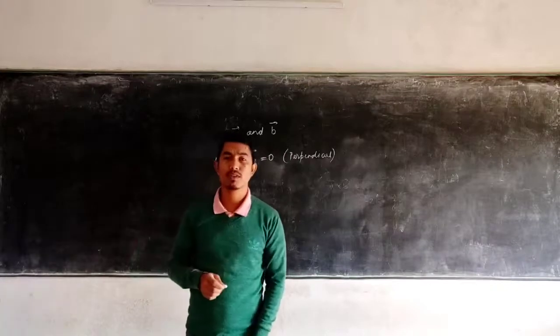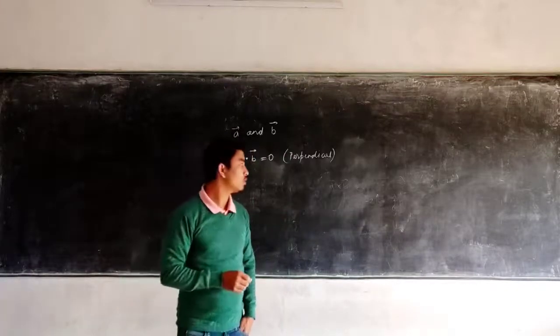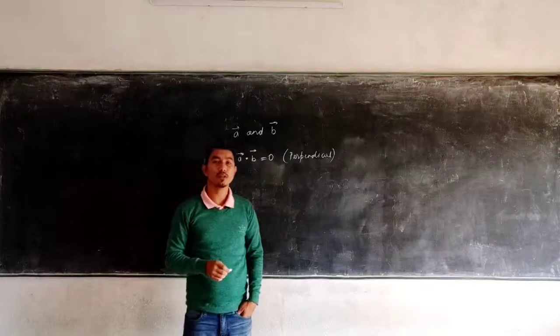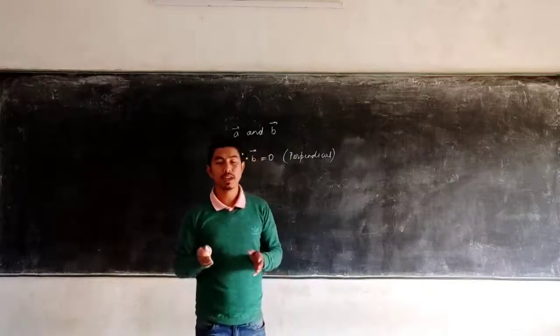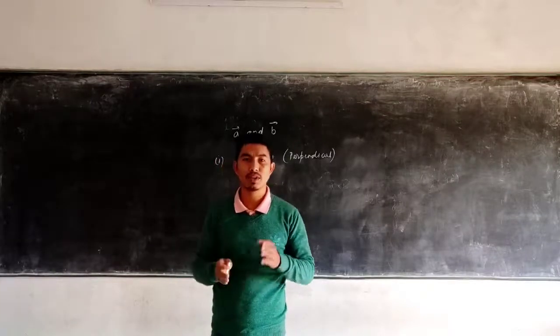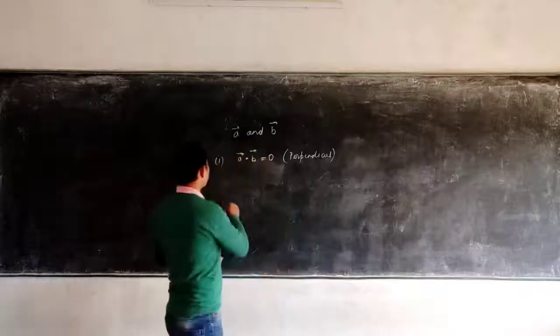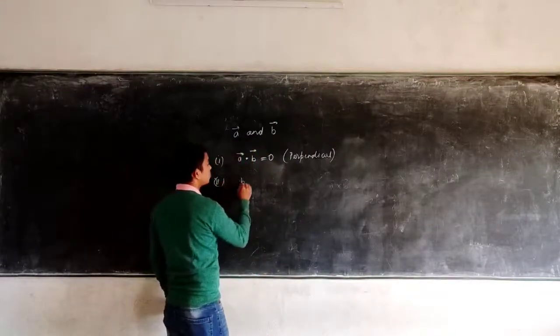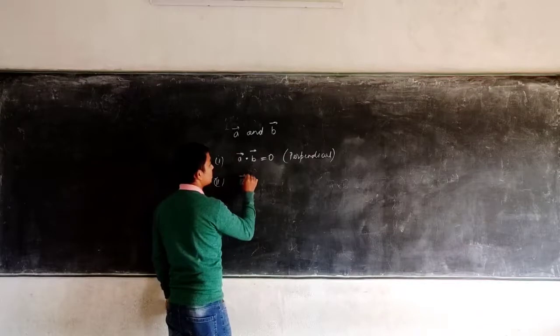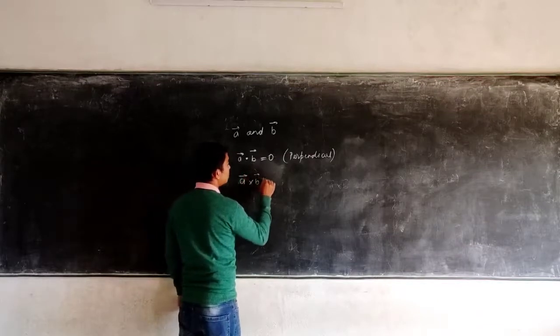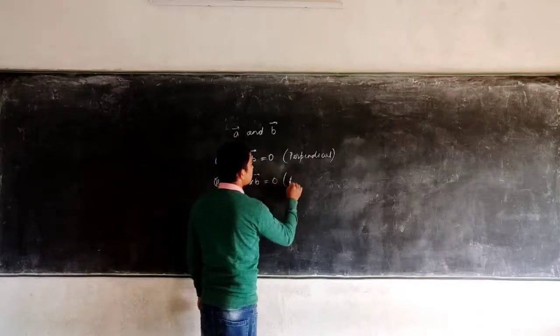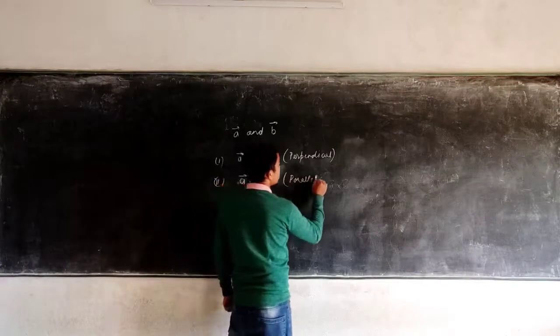Now the second one is for parallelism. Just like in case of a cross product, we saw that if I find the cross product of I with I, it gives me 0. So the second one is if the cross product of the two vectors, vector A cross vector B, gives out 0, then it means that the two vectors are parallel to each other.